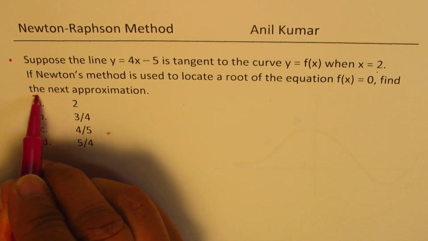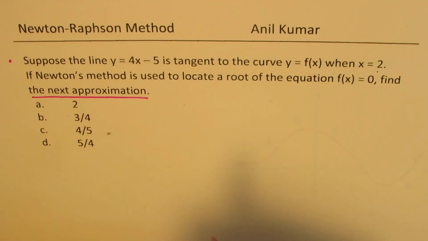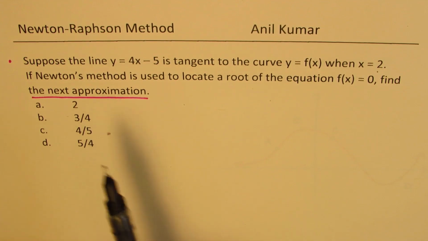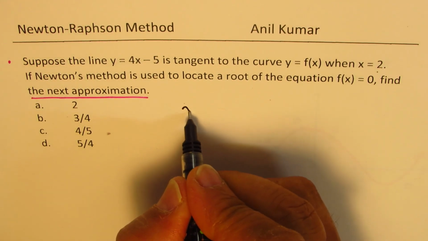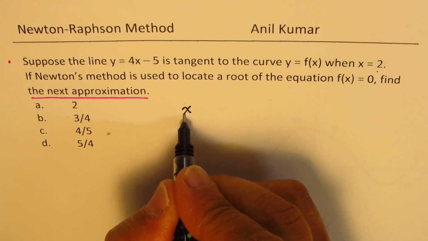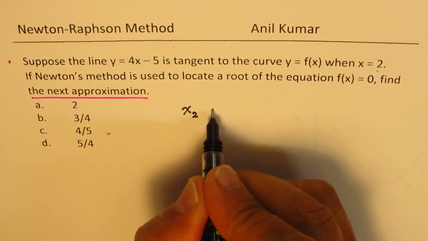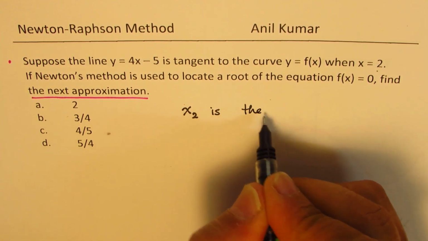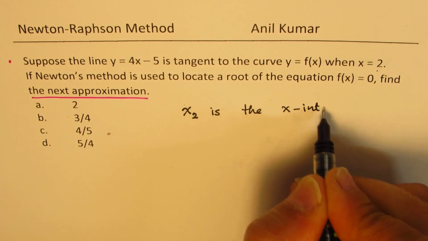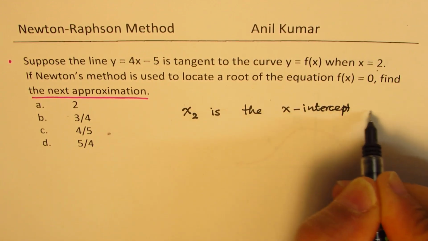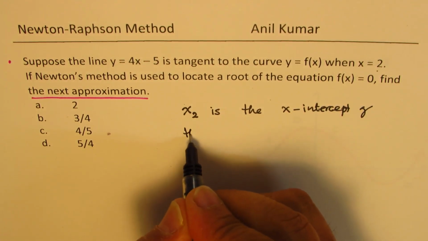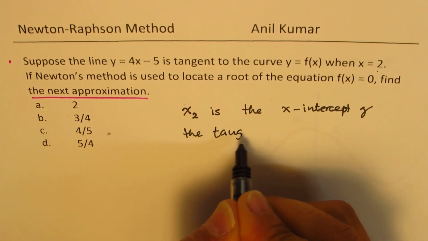When we say find the next approximation, that means we can directly apply the formula. So the next approximation, we say x2, is the x-intercept of the tangent, correct?